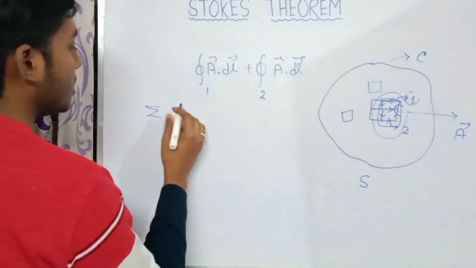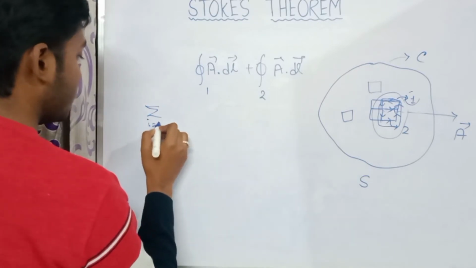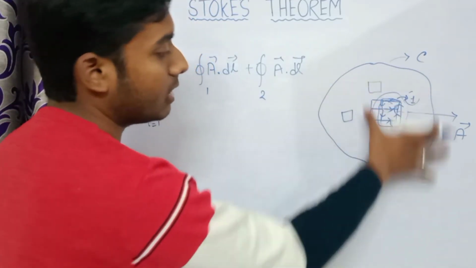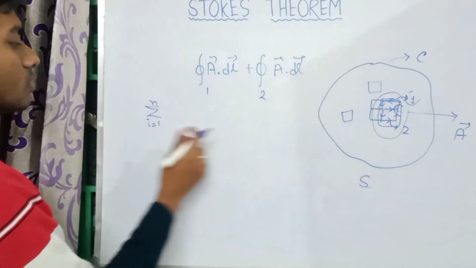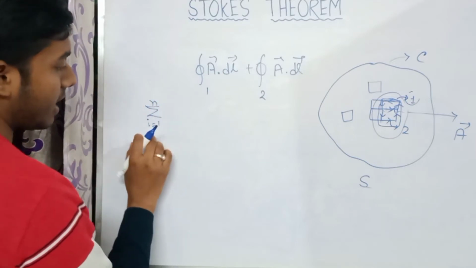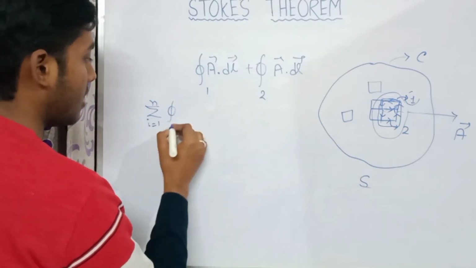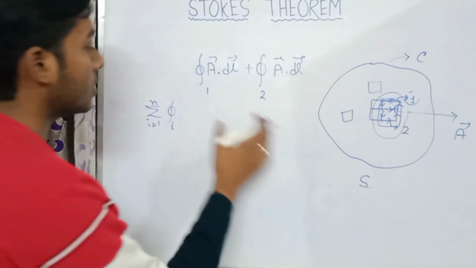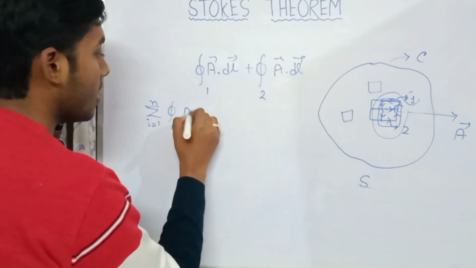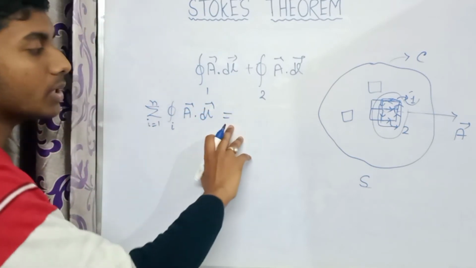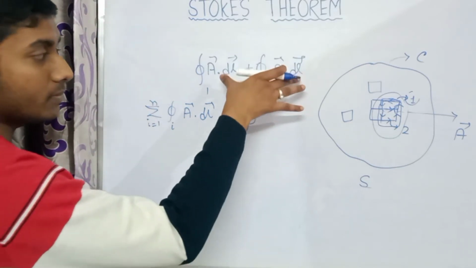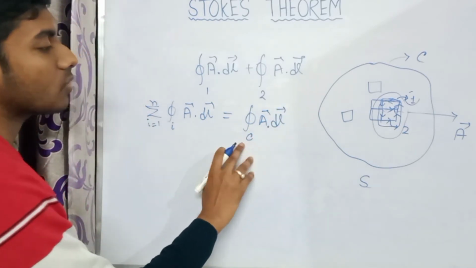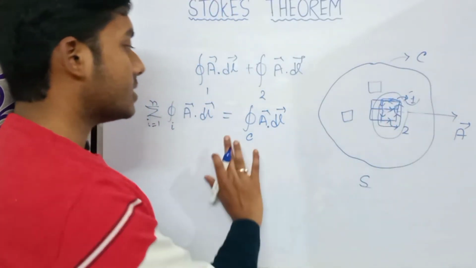So the summation over i equals 1 to n, suppose there are n number of squares like this to fill this whole surface S. If we take the summation of the closed integral of A dot dl for i equals 1, 2, 3, 4, up to n, then we are left with only the line integral A dot dl over the boundary curve C. This is our conclusion.